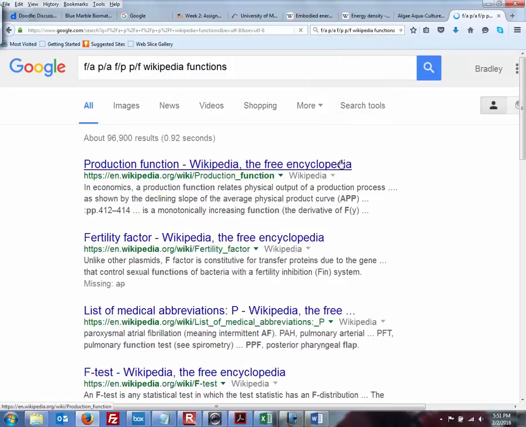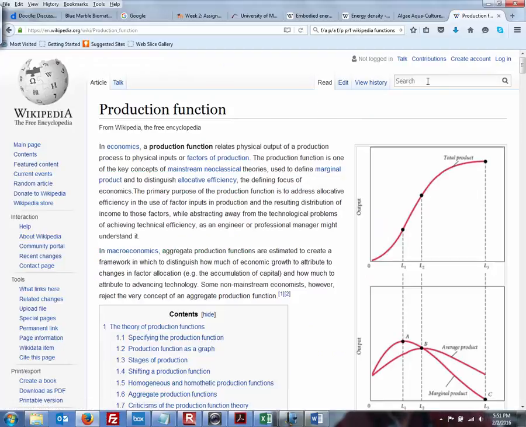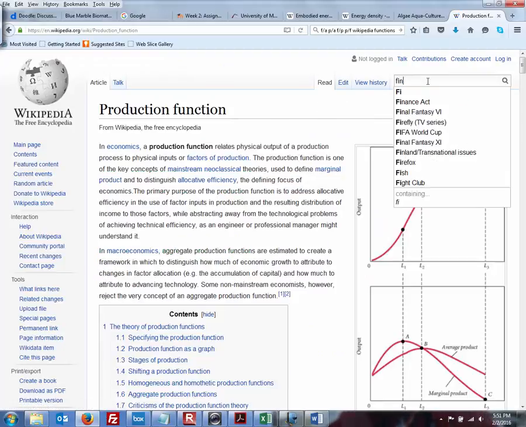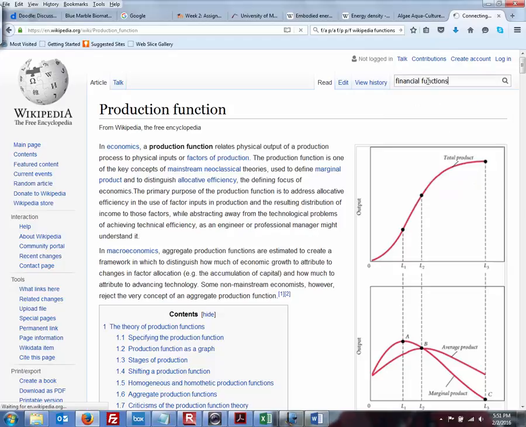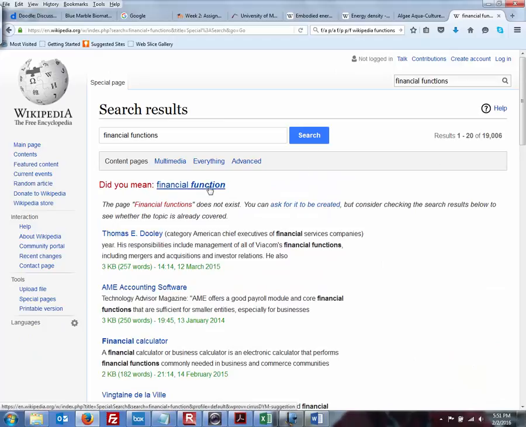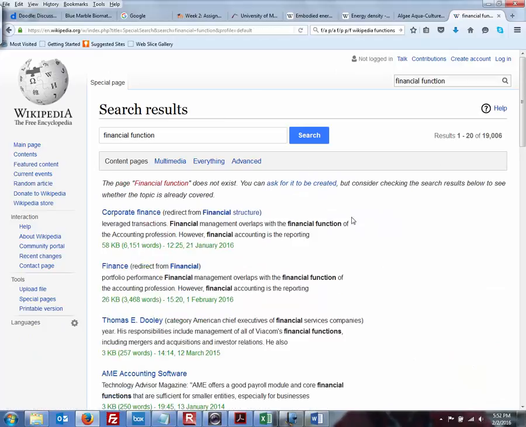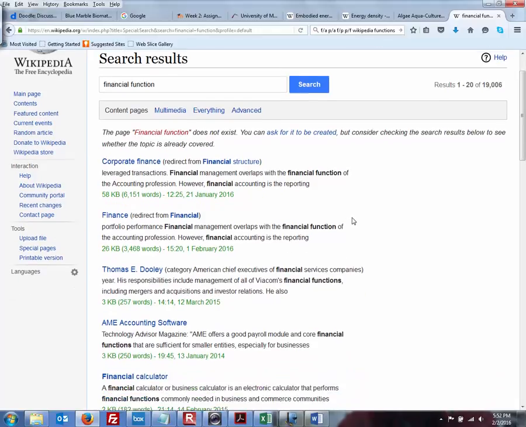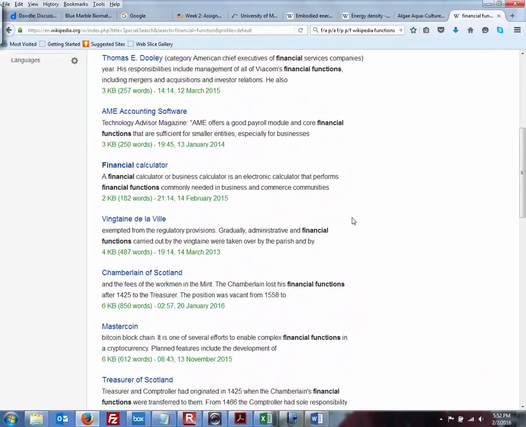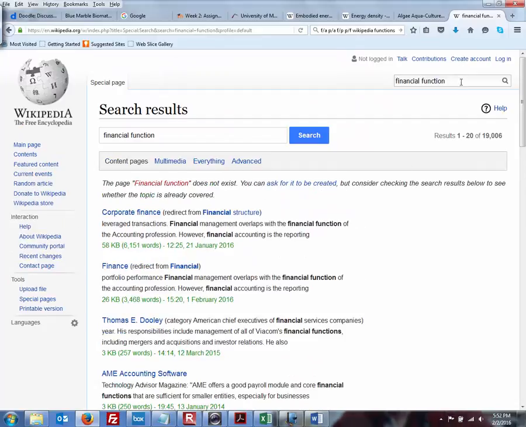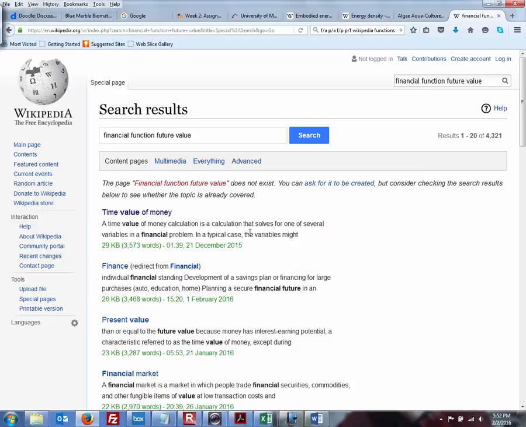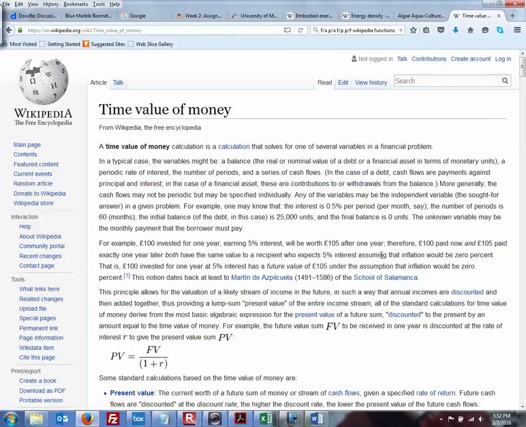Let's go to Wikipedia and just look at financial functions. Oh, time value of money. Let's take a look at that one.